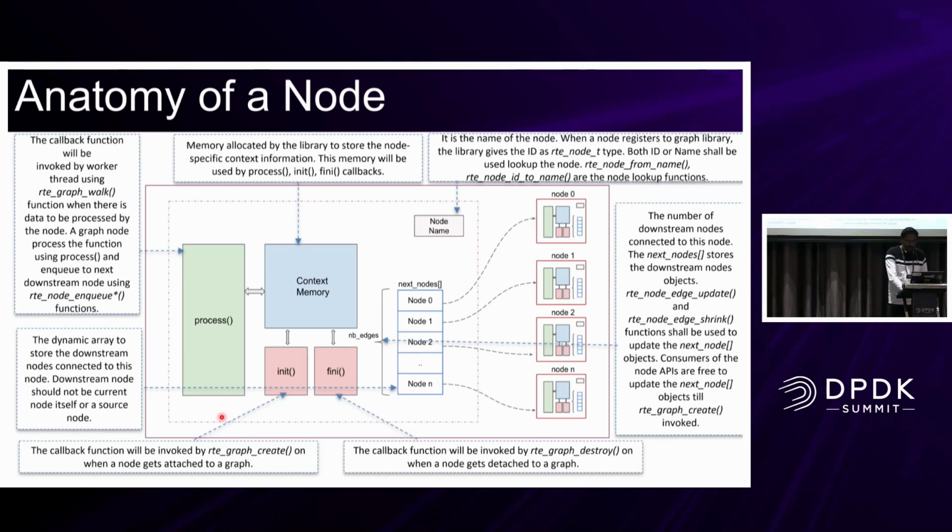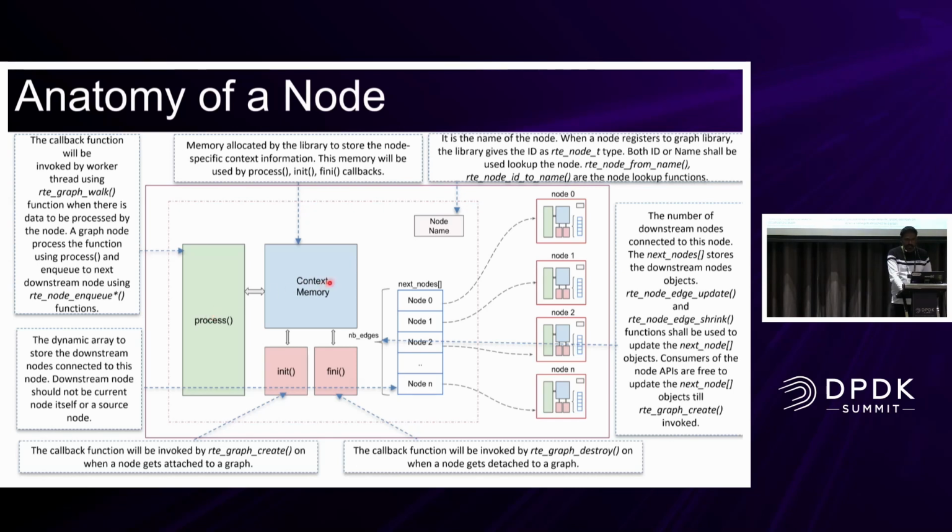The green block is the process function. This is a fast path function which defines the personality of a node, meaning what it's going to do when it goes through a graph walk. If it is an IPv4 lookup node, then it's going to do a packet lookup. So that's the process function.